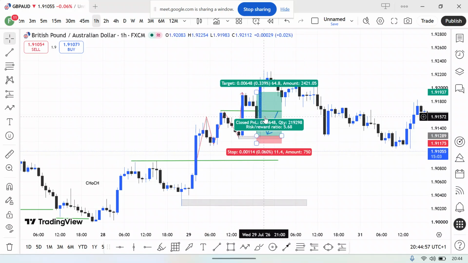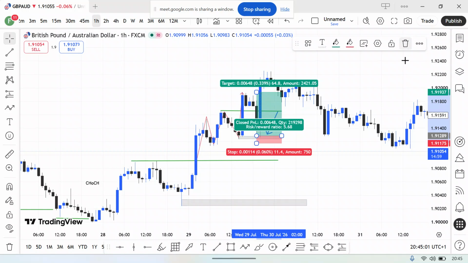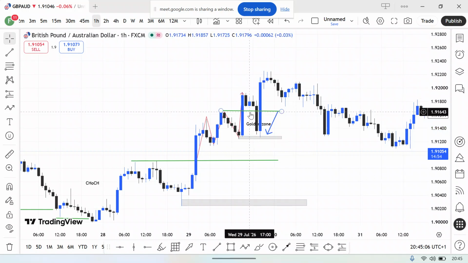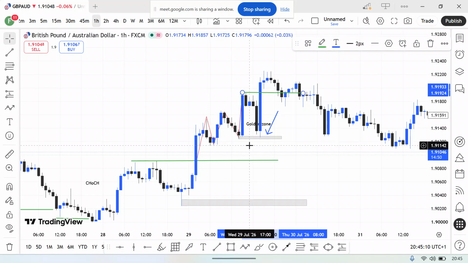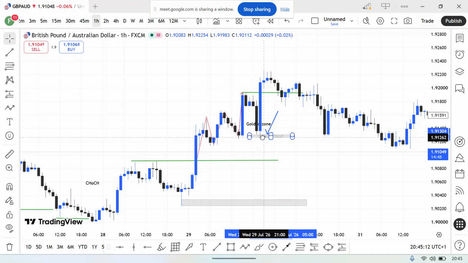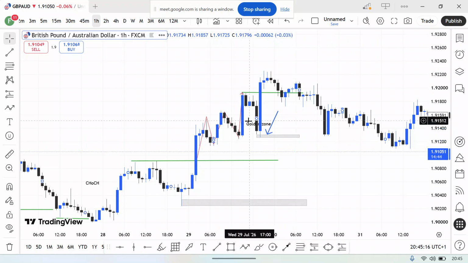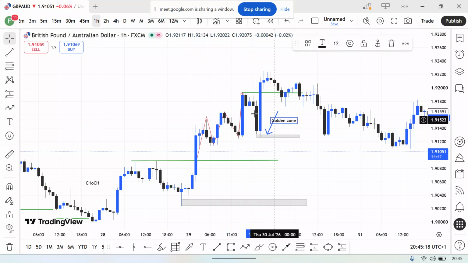And now price gave us another break of structure at this point. So we've had over 4 or 5 trades and none of them did not work. So let's look at this one. When price gave us this profit, what happened?